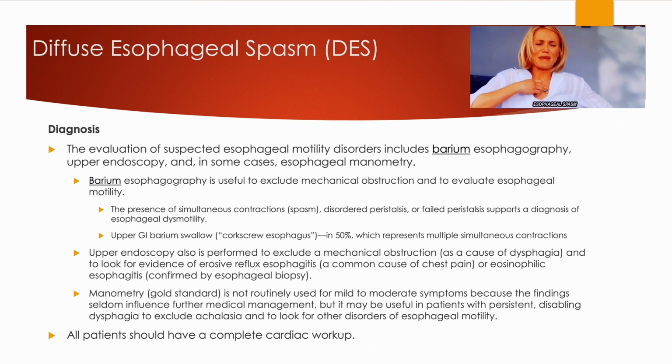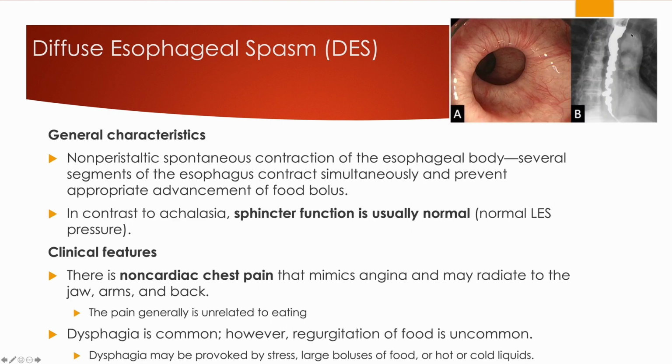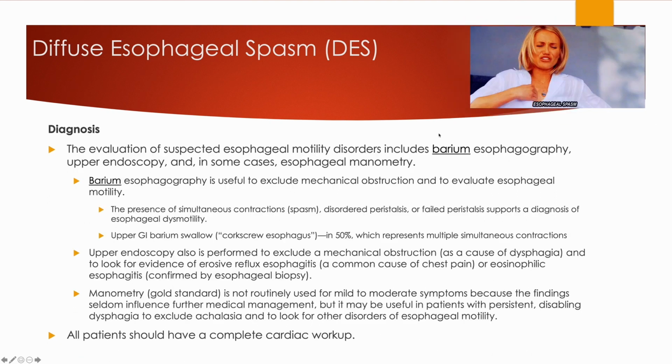For the evaluation, you can do a barium study, but if the patient's not having the spasm at that time, you're not going to see anything. The classic finding on the upper GI or barium swallow is a corkscrew esophagus, which is what we saw here. It looks like a corkscrew, and that's due to different sections of the body of the esophagus contracting simultaneously in a spastic fashion.